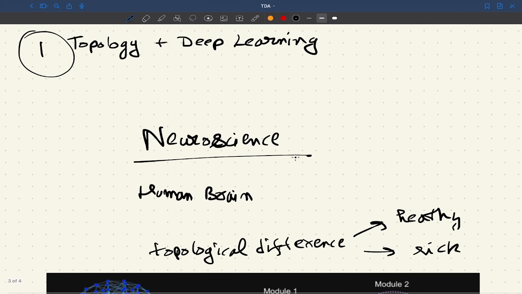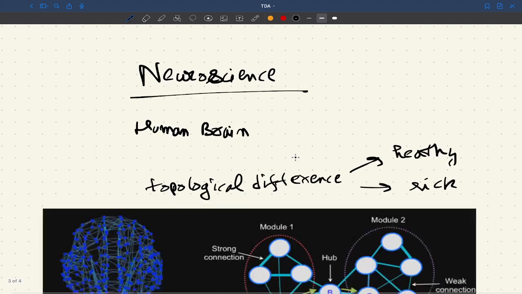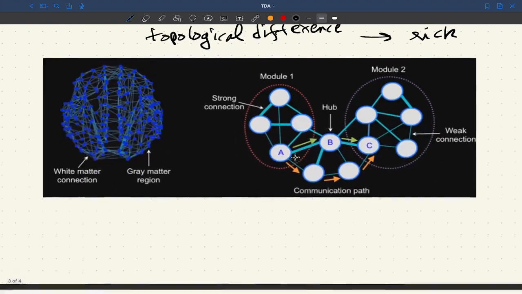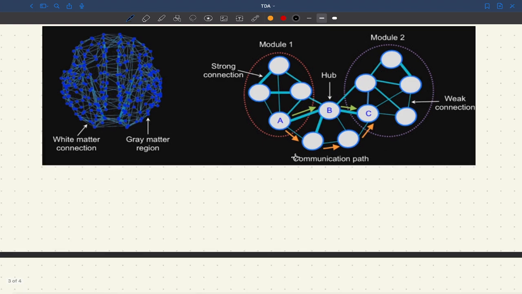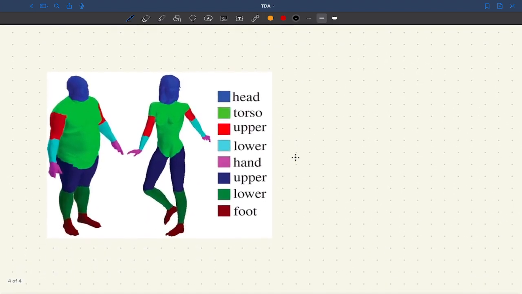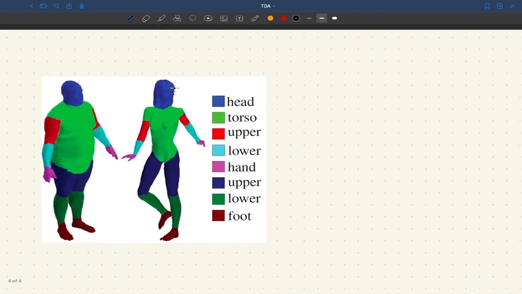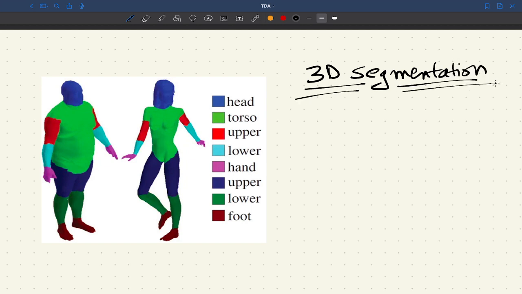So in neuroscience we have the application of topological data analysis, and one more application I found on the internet is 3D segmentation. Don't worry about how actually these things are happening, because of course you won't get it.